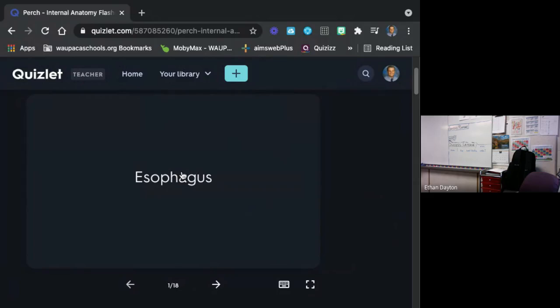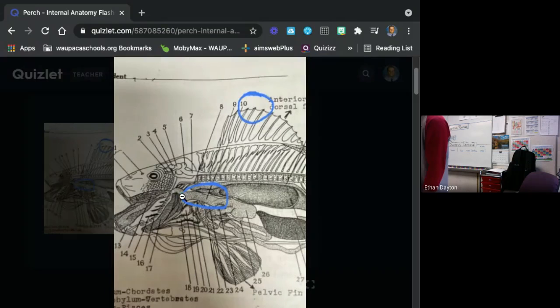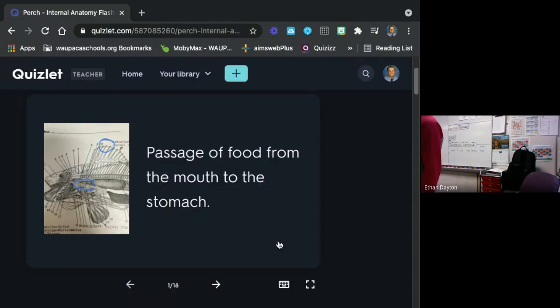Number 10, it is pointing at the tube that connects the mouth to the stomach. You have an esophagus too, that also takes your food from your mouth to your stomach. So that's how you can remember that. If you know this is the stomach, you know that's the esophagus. And its function is just a passageway.